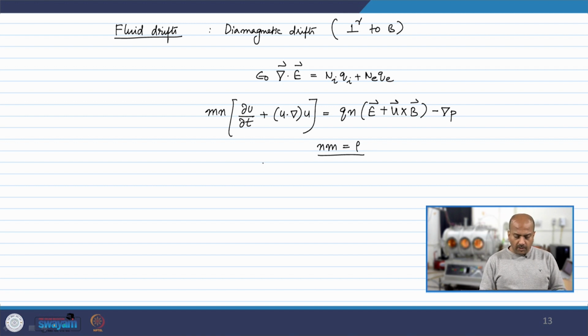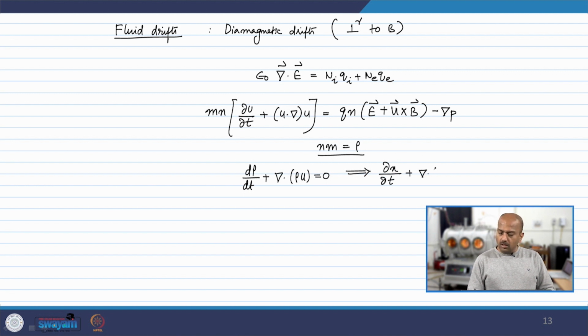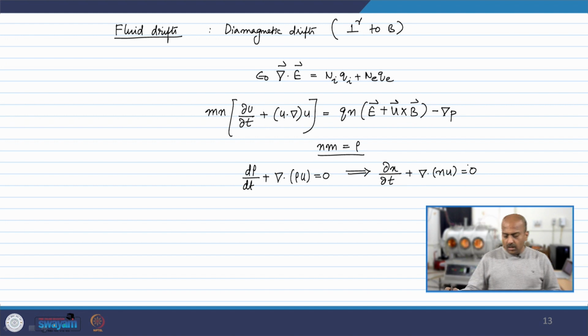In addition we will also need the continuity equation, which is d rho by dt plus del dot rho u is equal to 0. This is for the electrons, or we can write it in terms of a partial derivative as dou n by dou t plus del dot nu is equal to 0. So, we are considering the plasma as a mixture of two interpenetrating fluids, one electron fluid, another ion fluid.